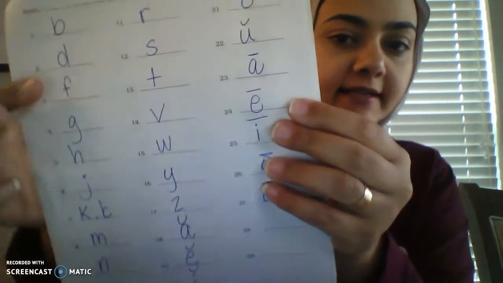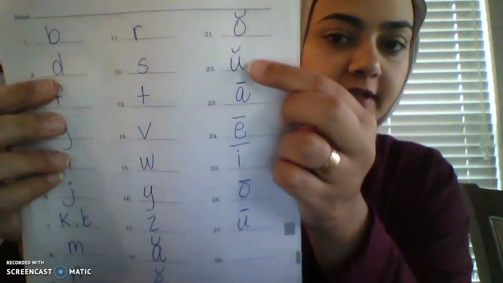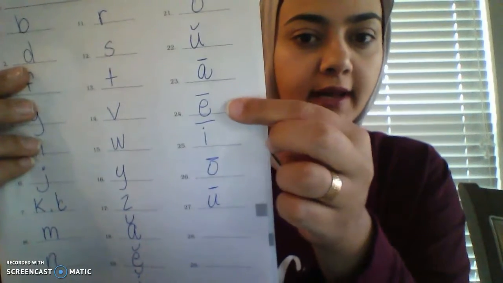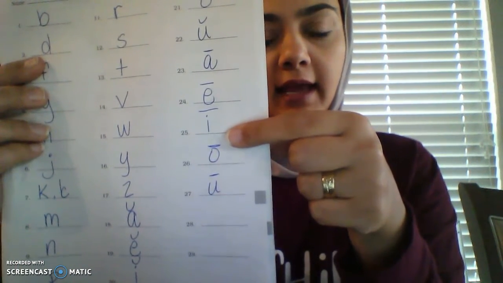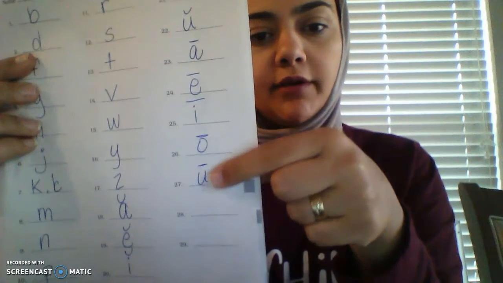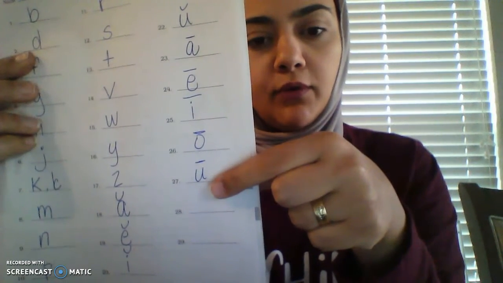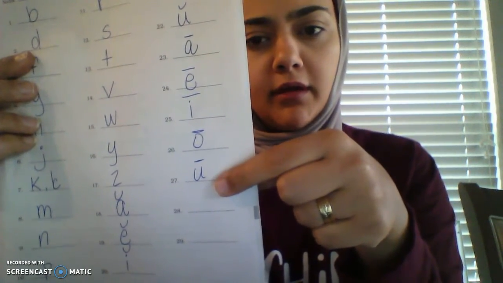So the last few should look like this. Acorn. Equal. Icicles. Overalls. Unicorn. Yeah, unicorn. Okay.